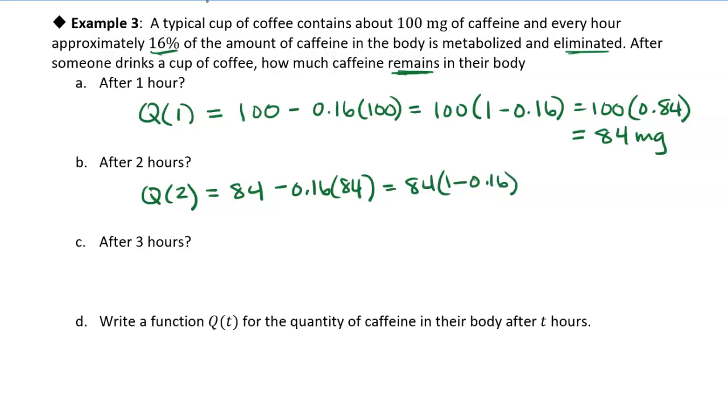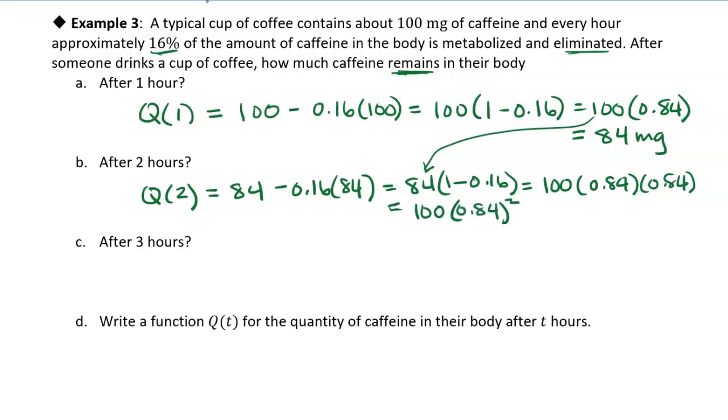But I can actually substitute for 84: 100 times 0.84, right? That is 84. That's where the 84 came from. And then 1 minus 0.16 is another 0.84. So I've got 100 times 0.84 squared.